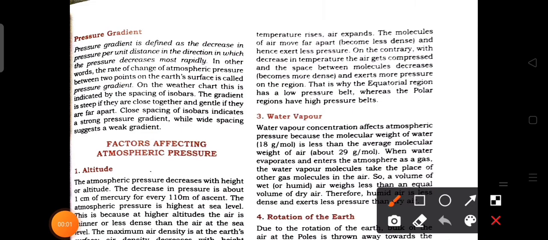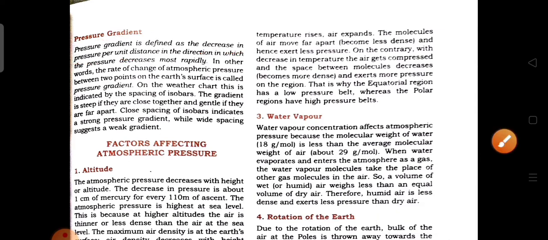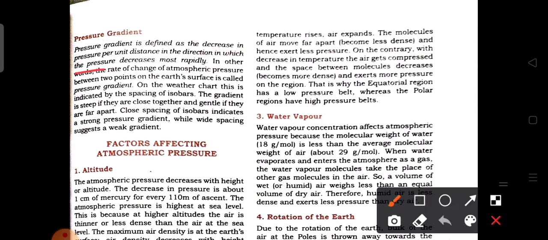Now we will discuss the term pressure gradient. What do we mean by pressure gradient? Pressure gradient is defined as the decrease in pressure per unit distance in the direction in which the pressure decreases most rapidly.